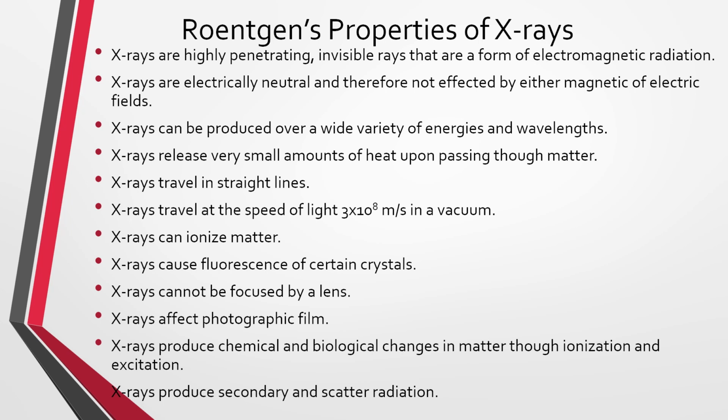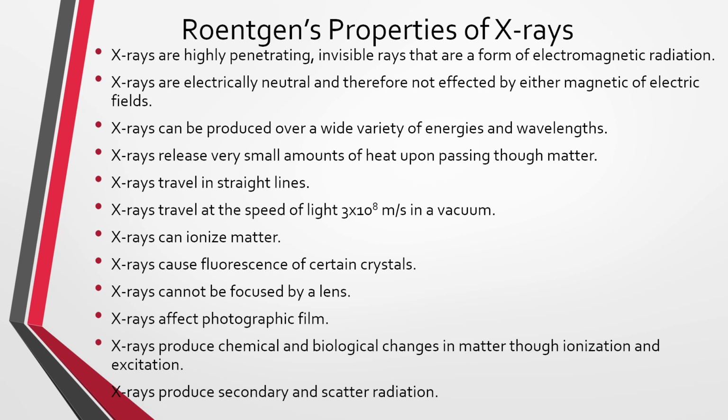X-rays are electrically neutral and therefore not affected by either magnetic or electric fields. X-rays can be produced over a wide range of energies and wavelengths. X-rays release very small amounts of heat upon passing through matter. X-rays travel in straight lines. X-rays travel at the speed of light.